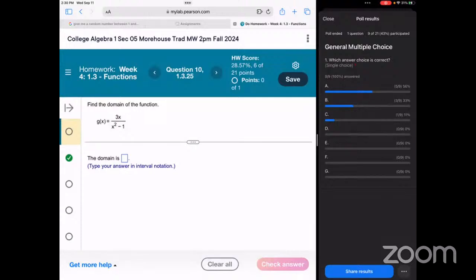Take about 30 more seconds. What do you think? Ten seconds.